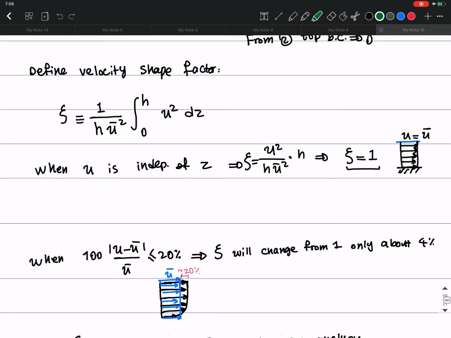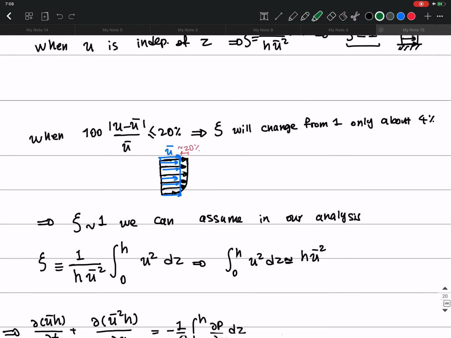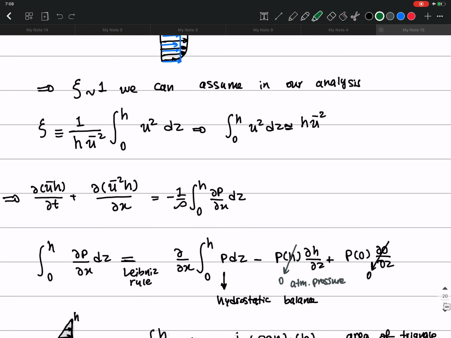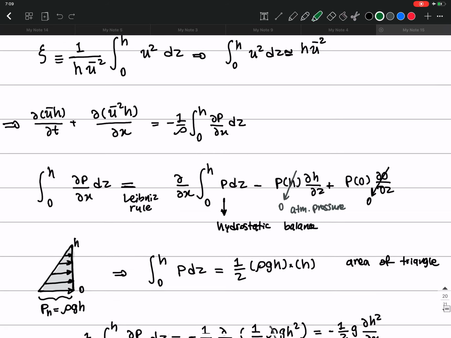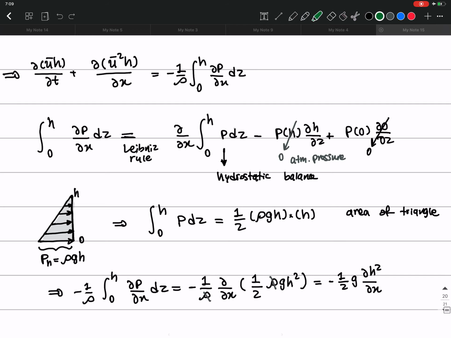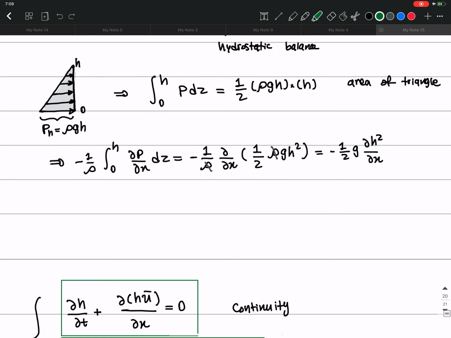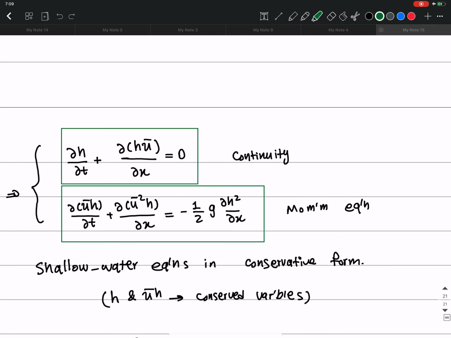And we assume that Kc is about 1 in our analysis, to be able to write the velocity shape factor in terms of u bar. We use the Leibniz rule and hydrostatic balance for the pressure term, and finally get this for the pressure forces. And so these constitute our shallow water equations for the momentum and continuity equation, okay?